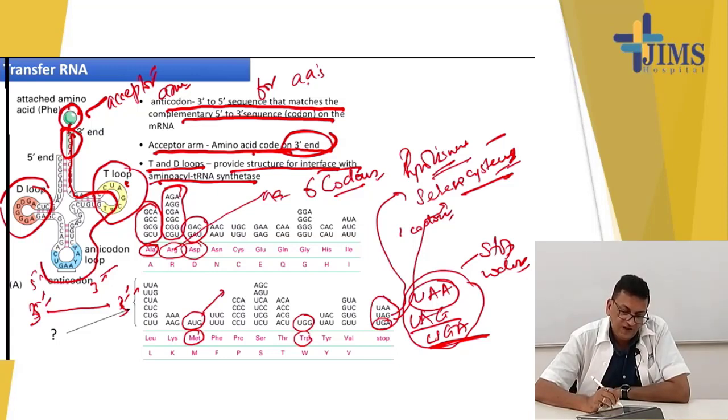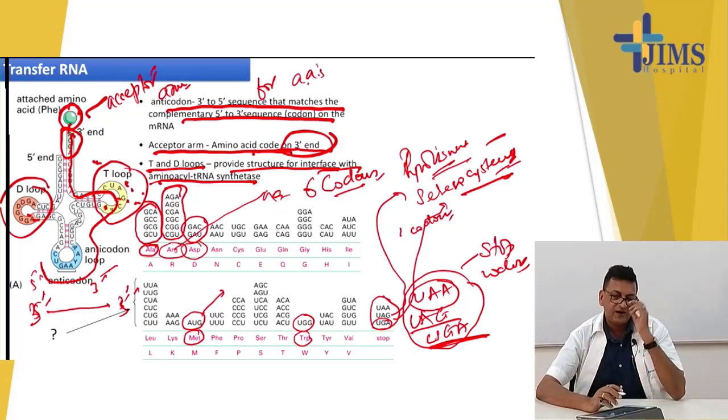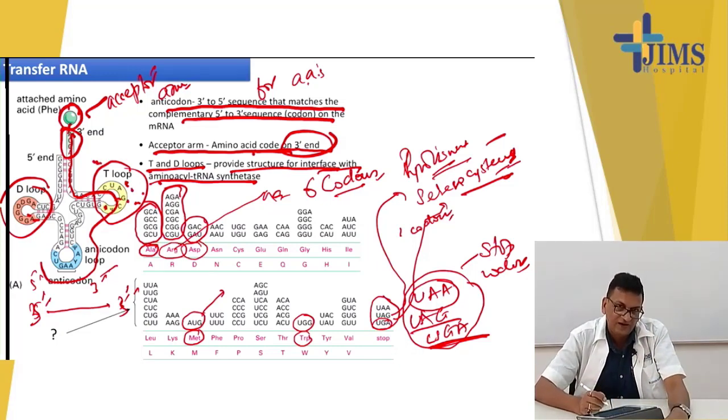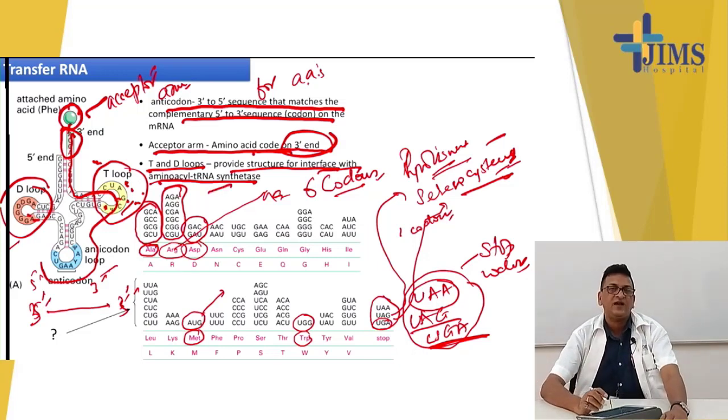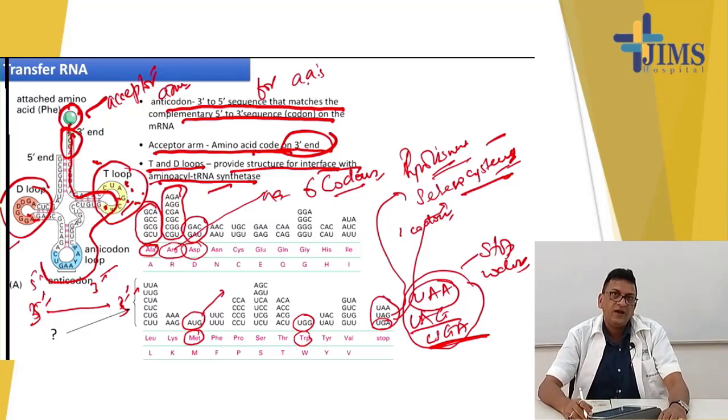So for activation of tRNA, you need amino acid tRNA synthetase. These two loops will help the enzyme which activates the tRNA to bind, so the tRNA can fit to the enzyme exactly. That's why these T and D loops of the tRNA provide an interface so that amino acid tRNA synthetase can bind, and activation of tRNA takes place.